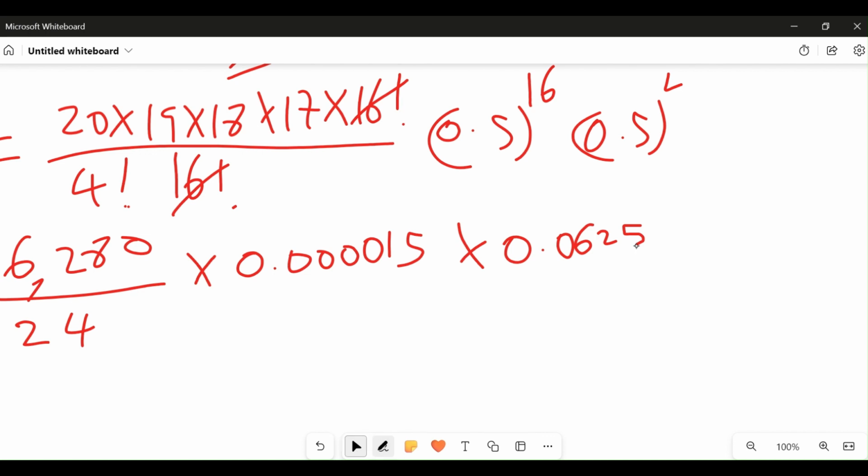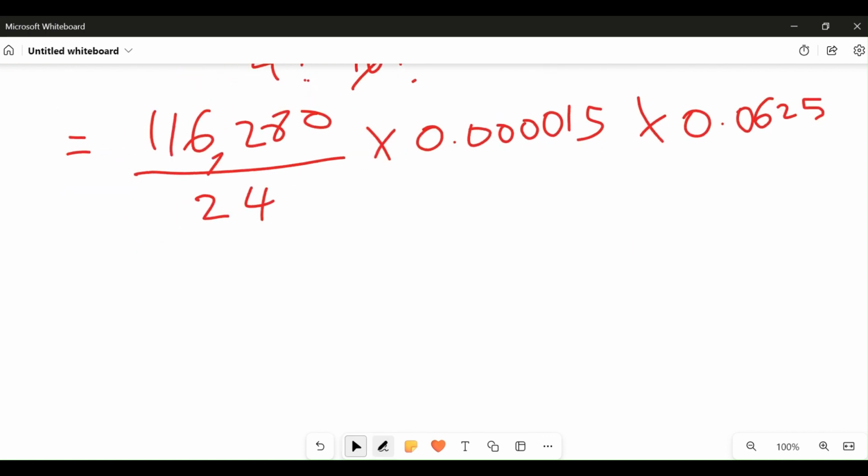We can find the product of everything. 116,280 divided by 24 will be 4845. There's no point writing it, just do everything all together.